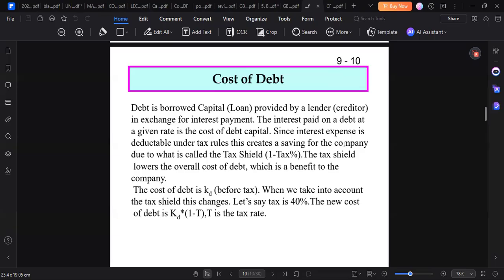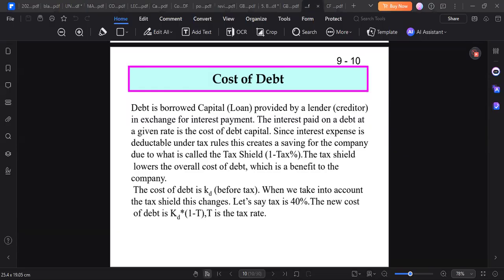Since interest is an expense, accountants charge it in the company's income statement. So there's what is called a tax shield, the one minus tax. This is where it becomes interesting.